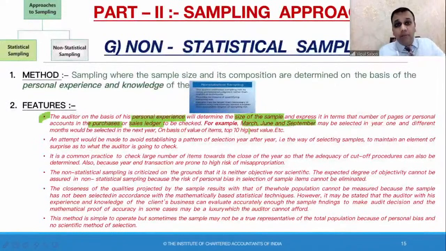And different months we are selecting in another year. Top 10 highest value items we are selecting. That is not a mathematical formula. That is just random. Just give me the copy of accounts of top 10 highest value vendors or your suppliers or your customers.